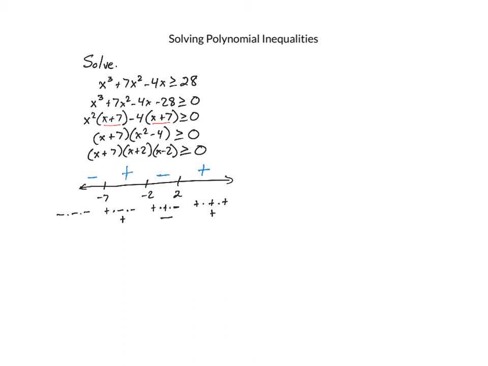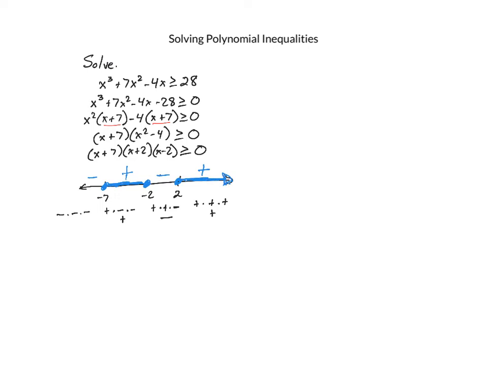Notice this time we want to know where the product is positive or equal to 0. So we're going to include these critical values, 2, -2, and -7. And we want to include the intervals where the product is positive.